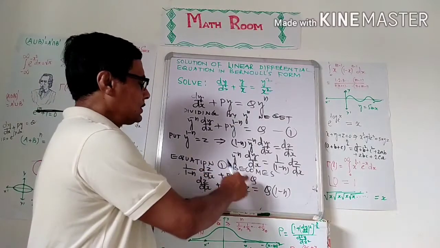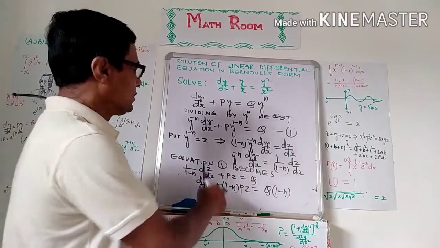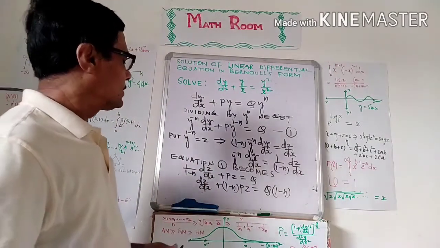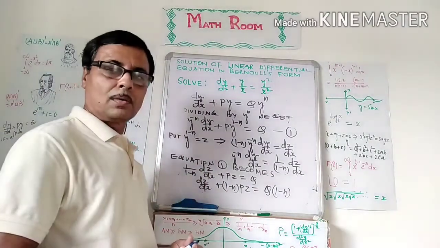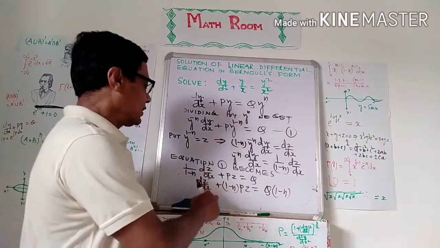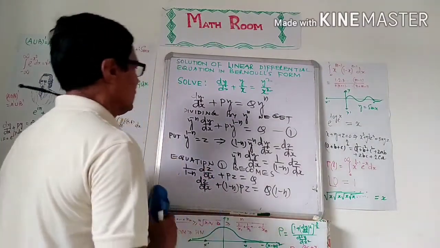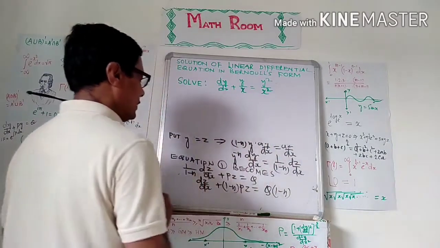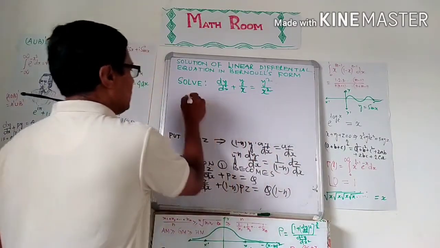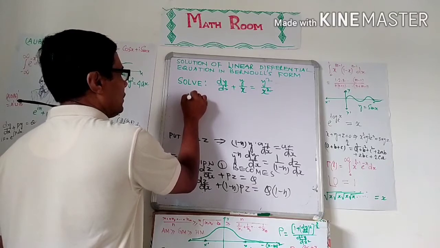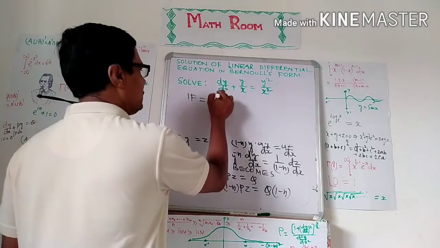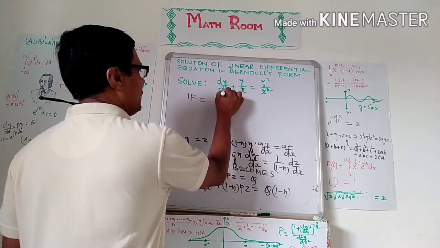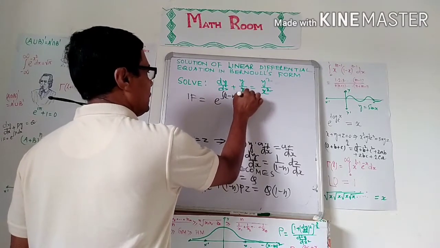We have to use the integrating factor of this equation, and how the integrating factor is found, we have already known. The integrating factor is e to the power integral of (1-n)P dx.